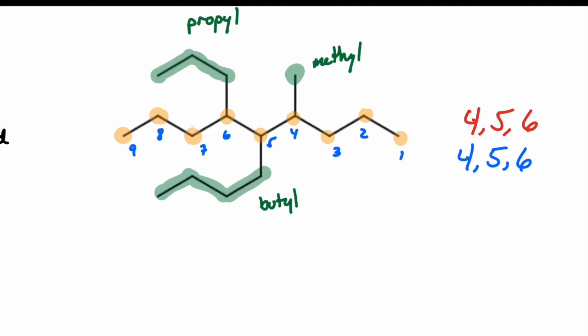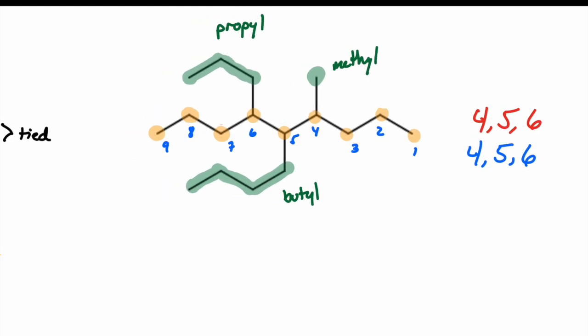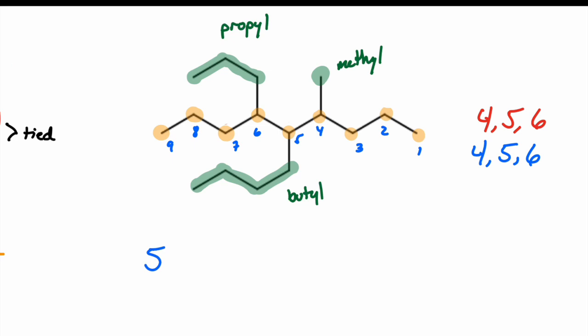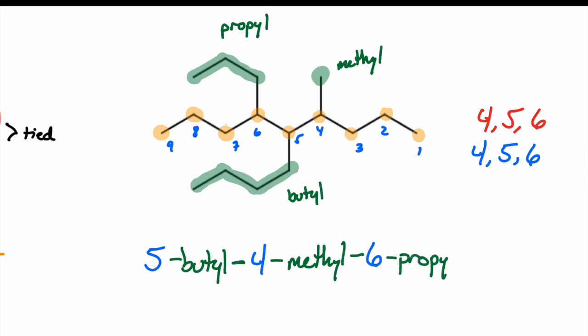All right, when we put these in our name, we're still going to arrange them in alphabetical order. So that would be 5-butyl, 4-methyl, 6-propyl, nonane.